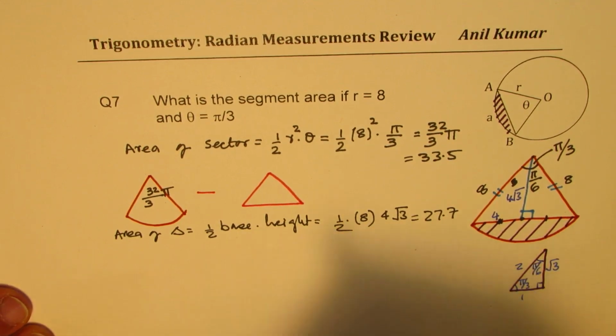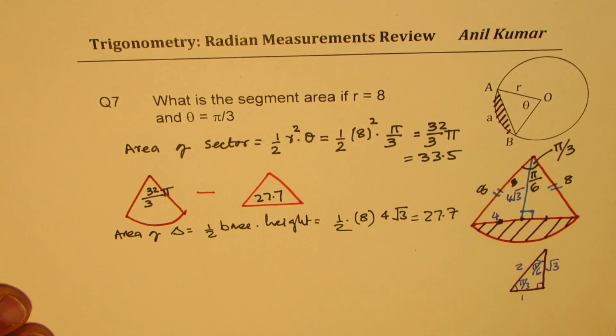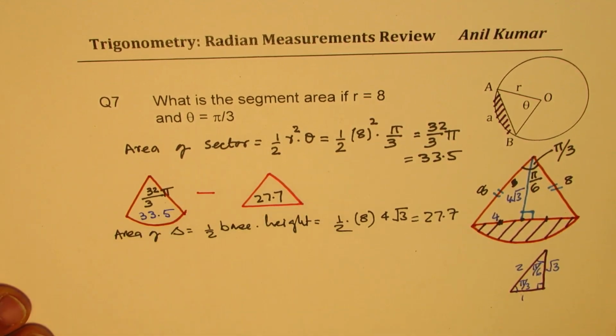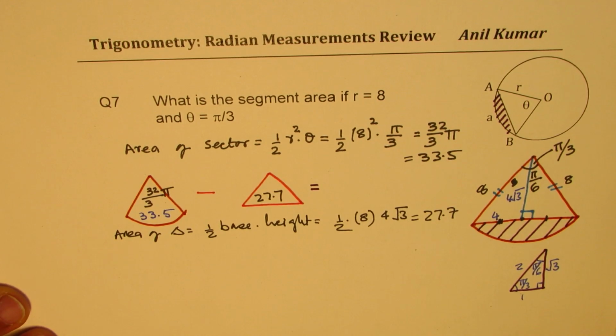So we found this area to be 27.7 and this area is 33.5. And so we can subtract them and find the area of the segment, which is basically what we need.